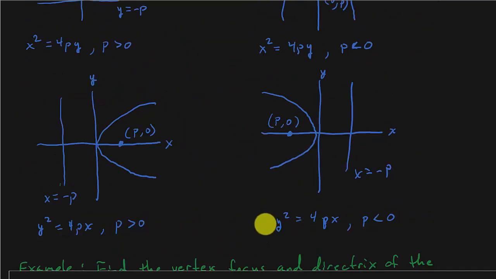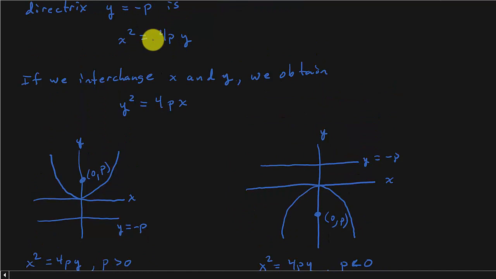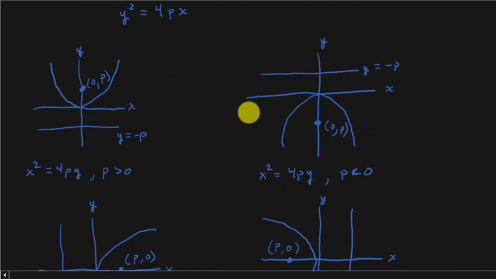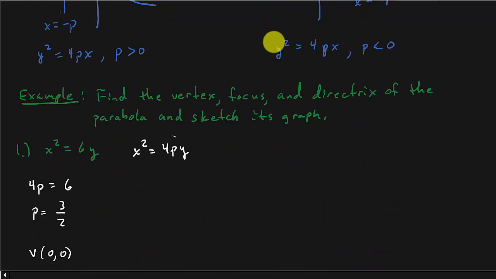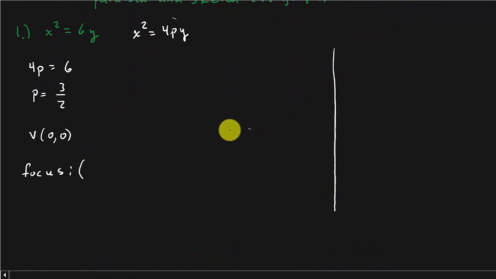Our focus is (0, p), and we know this parabola opens upward because it's positive in front. So our focus is (0, p). What I like to do is come over here and sketch what you have.